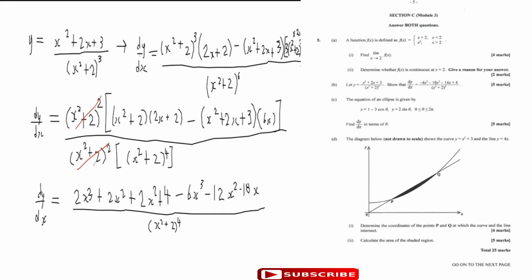All right, so what does this work out to be now? 2x cubed minus 6x cubed gives us minus 4x cubed.